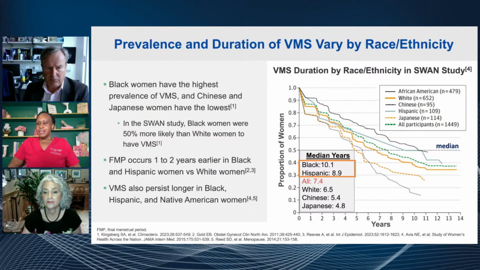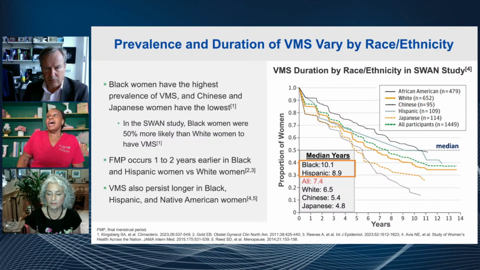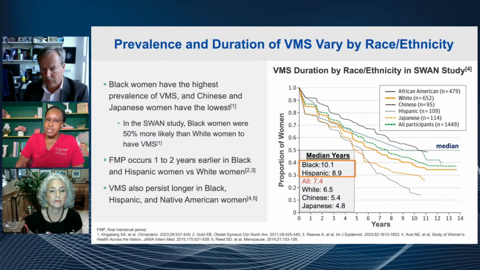So it's a very interesting phenomenon in that the menopausal experience for each woman is very different. Some women will have very mild symptoms. Some women will have very severe symptoms. And one of the things that we've been noticing as more and more research is coming out is that Black women can have longer duration of vasomotor symptoms and can start to experience these symptoms earlier.